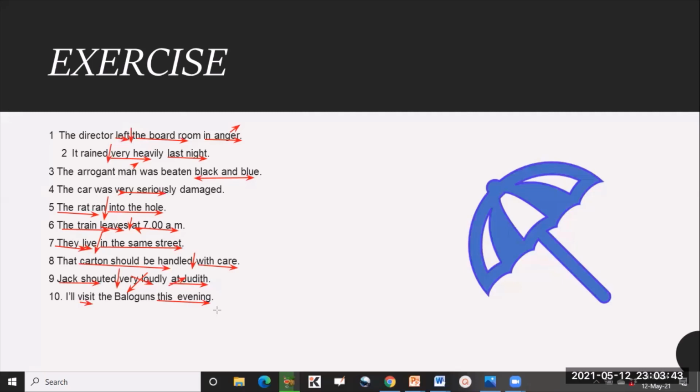This evening. All right. So this brings us to the end of today's video. We have actually been looking at prepositional phrases. What are prepositional phrases and how can you use them correctly?